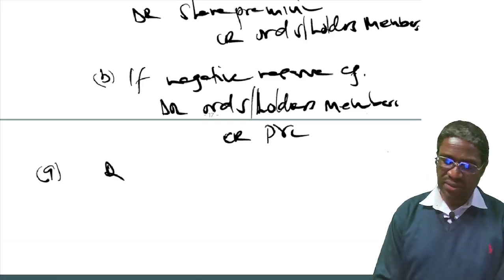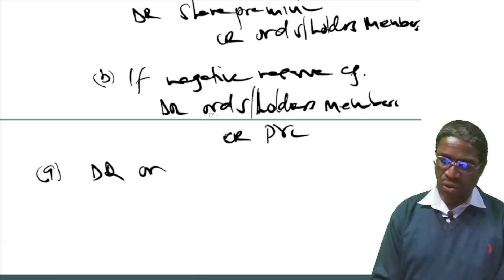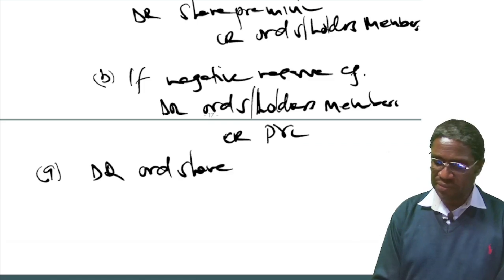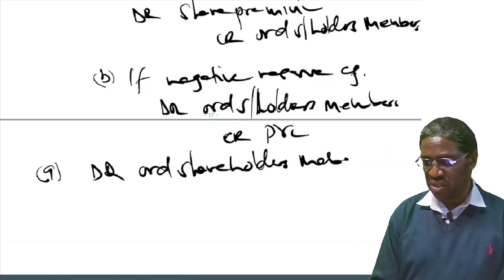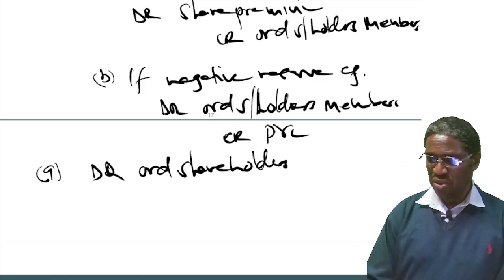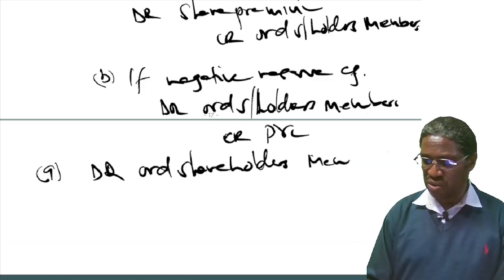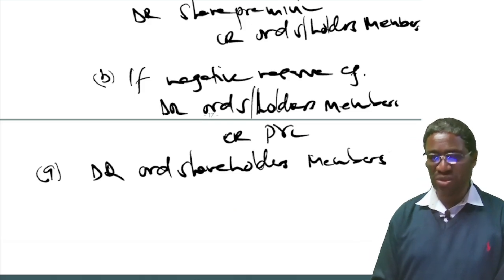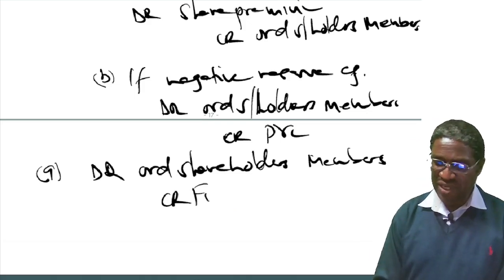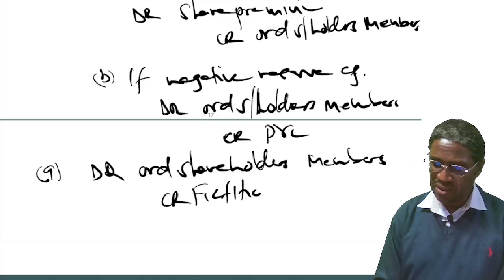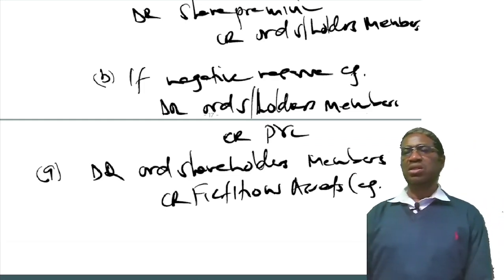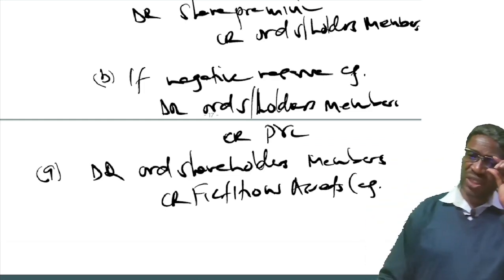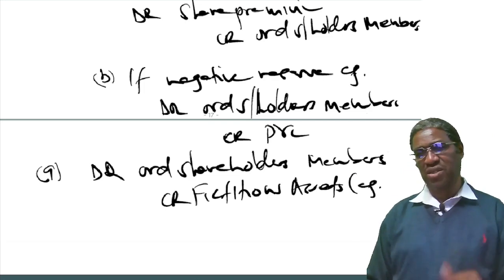Debit ordinary shareholders members. Remember we said they are going to take over the loss. You debit ordinary shareholders members, you credit fictitious assets. You can say in AG, credit fictitious assets, AG intangible assets.